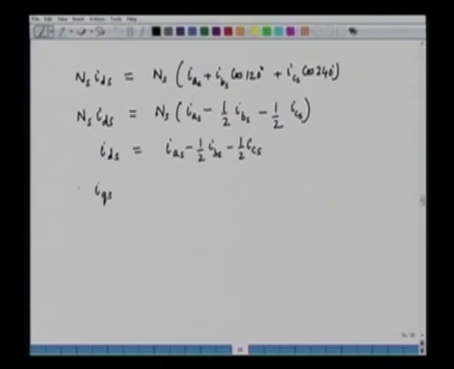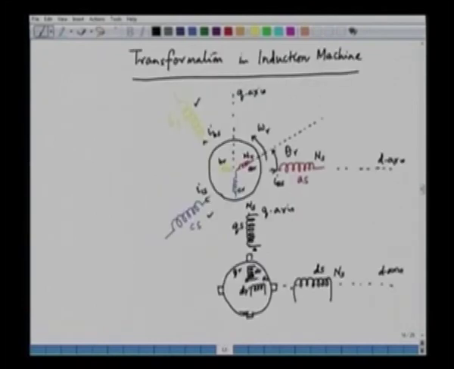What we can say here is that NS into IQS is equal to NS times, if you simplify this, IBS root 3 by 2 minus ICS root 3 by 2. What we are trying to do here is equalize the MMFs in the Q axis. We can project all these MMFs in the Q axis and equalize with that of the DQ machine.